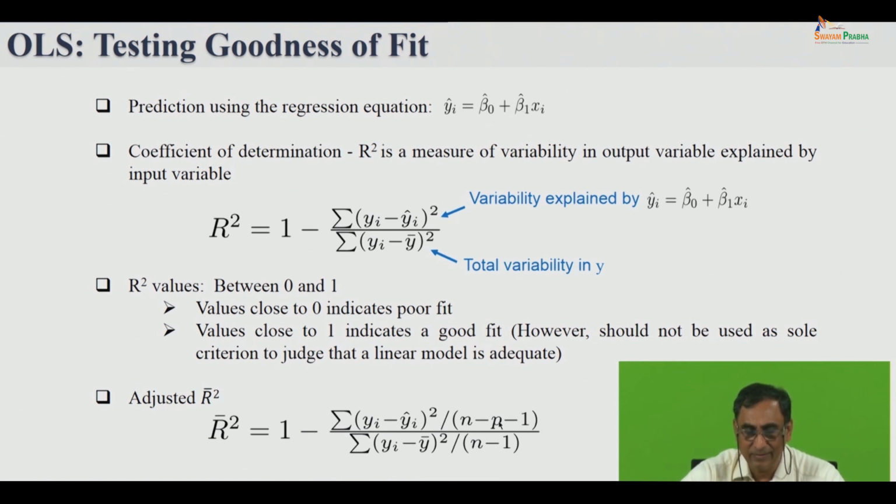So n minus 2 would represent the number of degrees of freedom used to estimate this numerator variability, whereas n minus 1 is used to estimate the denominator variability, because you have used only the parameter beta naught for the denominator, whereas you use 2 parameters to estimate the numerator. So you should adjust this by dividing by the number of degrees of freedom, and the adjusted r squared essentially makes this adjustment.